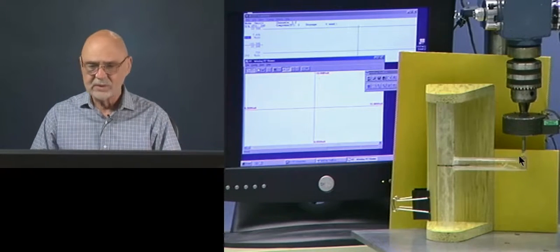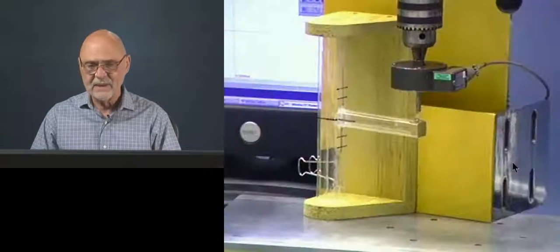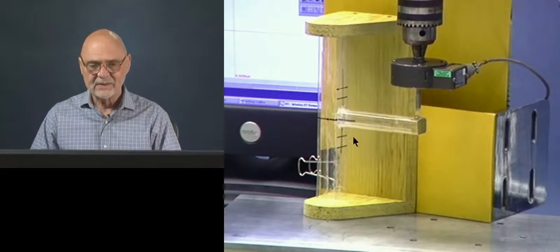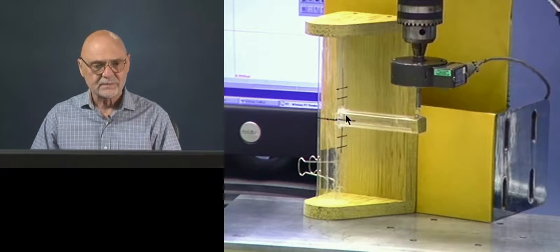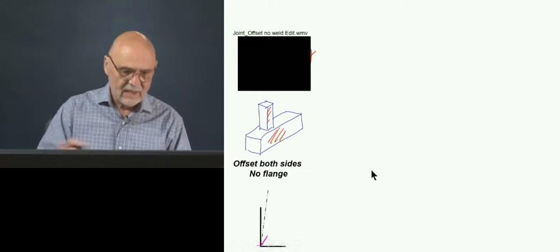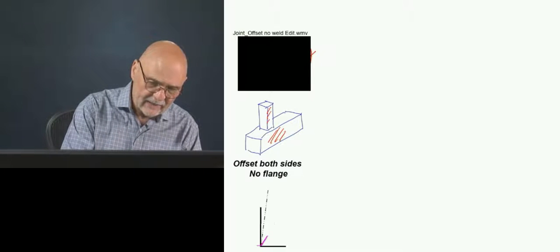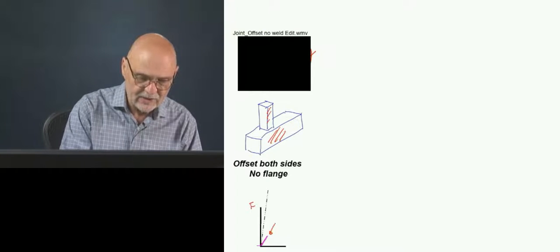So here's our joint. Now we're applying the load, and you can see that the beam isn't bending at all. It's like a rigid bar, and all of the deformation is in the joint. Okay, and here this colored line is an indication of the slope of the line. This is force and deformation here.